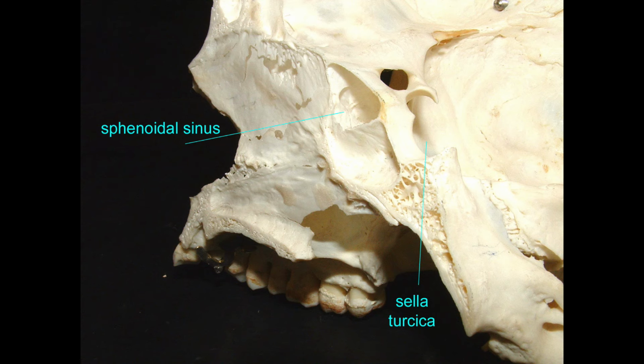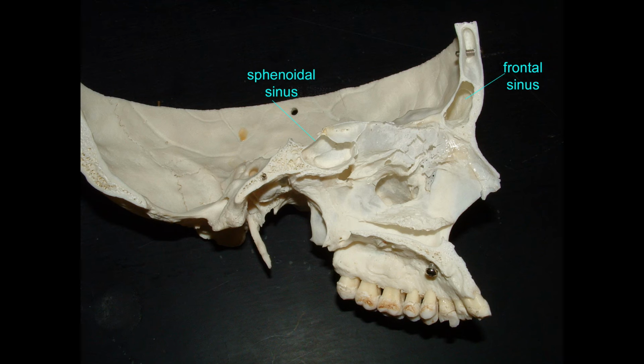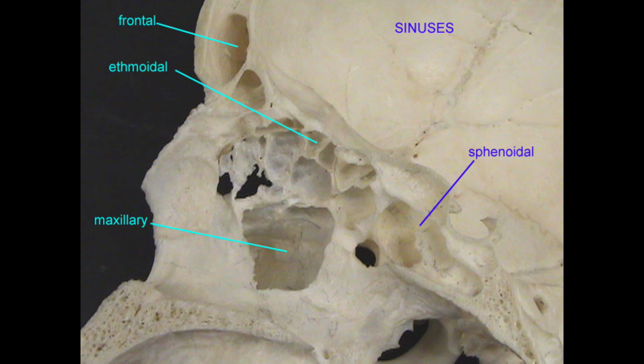The sphenoid bone is one of four bones of the skull and one of three bones of the cranium which possesses sinuses. These are hollow spaces, which are lined by a mucous membrane.